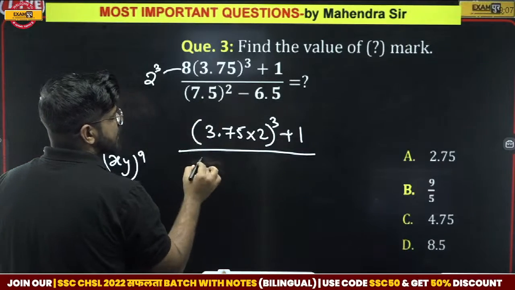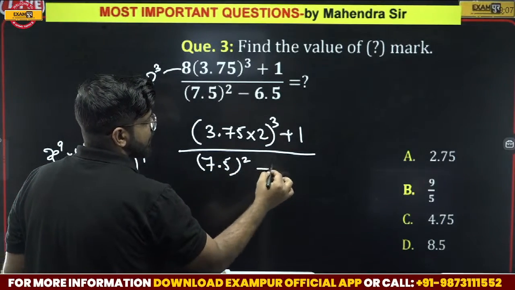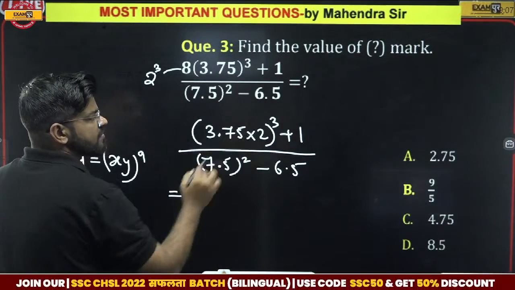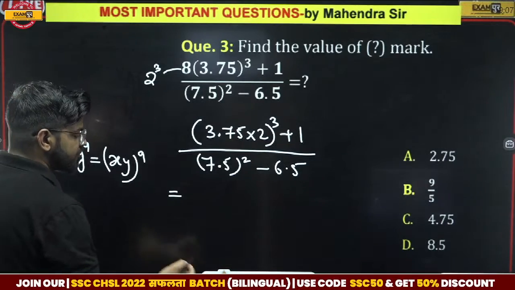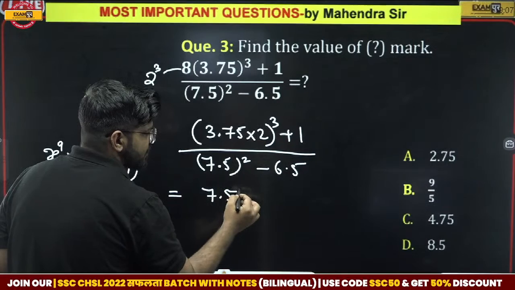Here we can write it as 7.5 whole cube minus 6.5. 3.75 multiplied by 2 is 7.5, right?